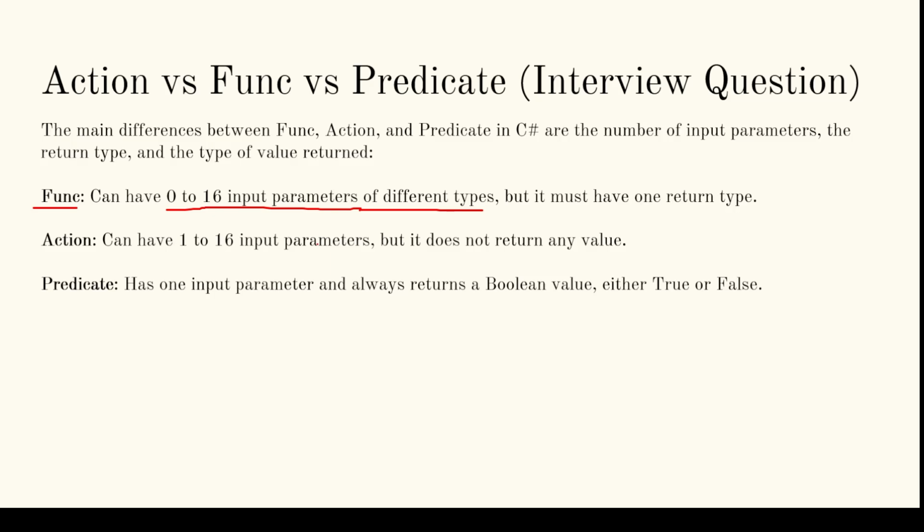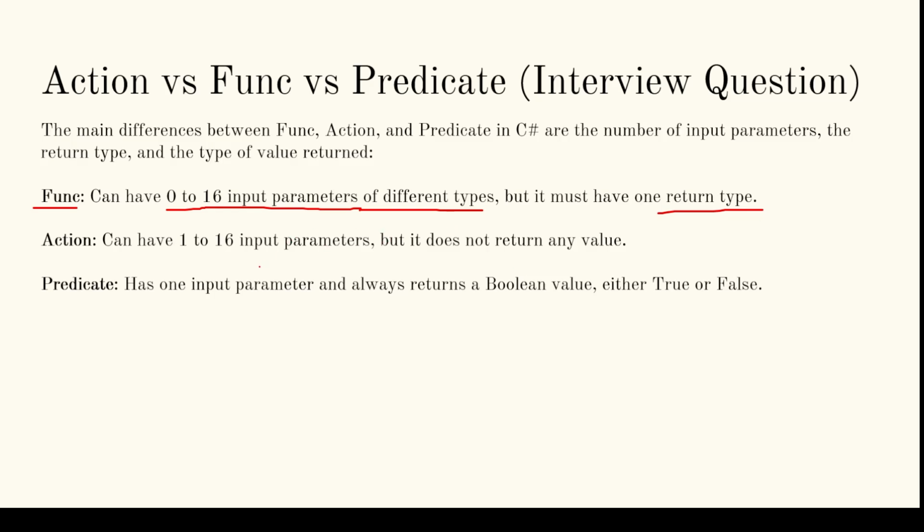That's why we can pass different types of parameters when working with a func delegate. The only thing is func should have a return type. If the function is not returning anything, meaning if your function is returning void, in that case you cannot use the func delegate.